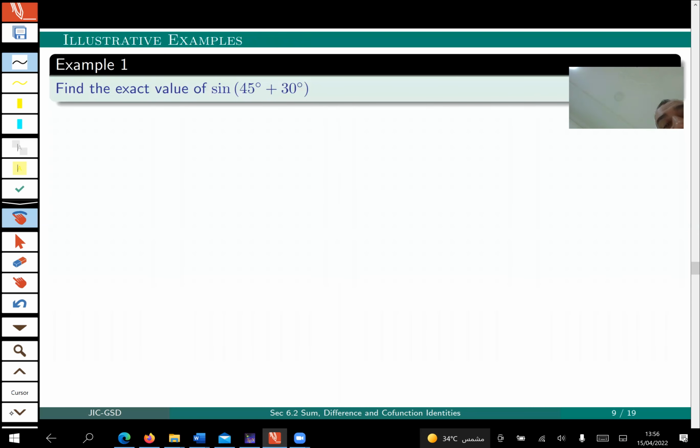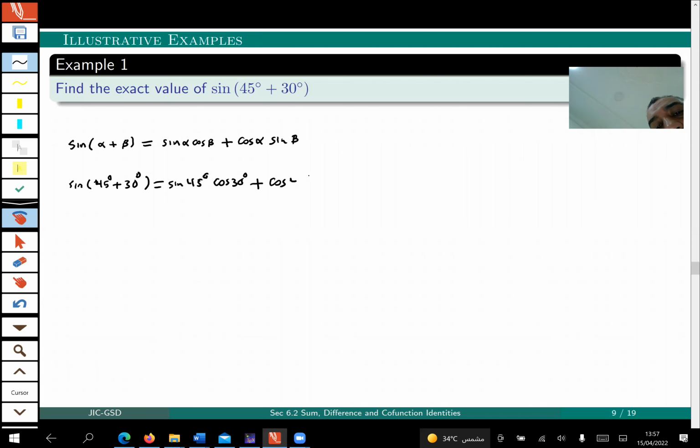Here we have: find the exact value of sine of 45 plus 30. Applying the rule we had, sine preserves the sign, so it's sine alpha cosine beta plus cosine alpha sine beta. So sine 45 times cosine 30 plus cosine 45 times sine 30.